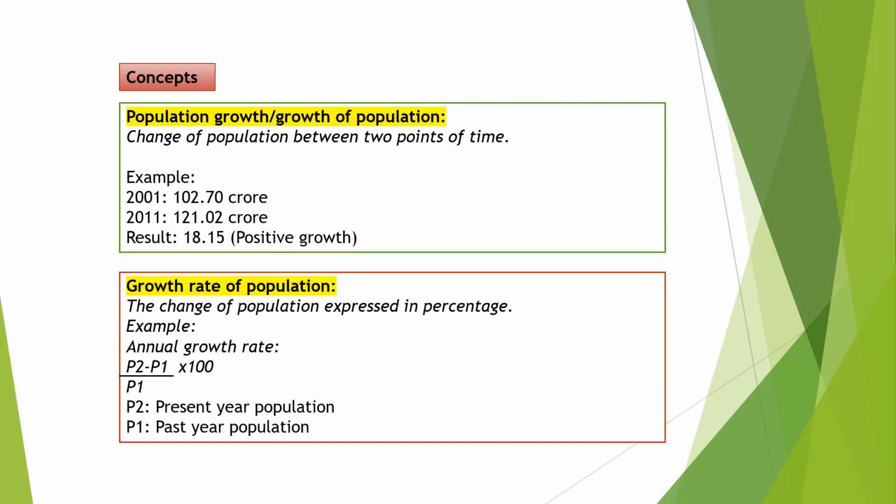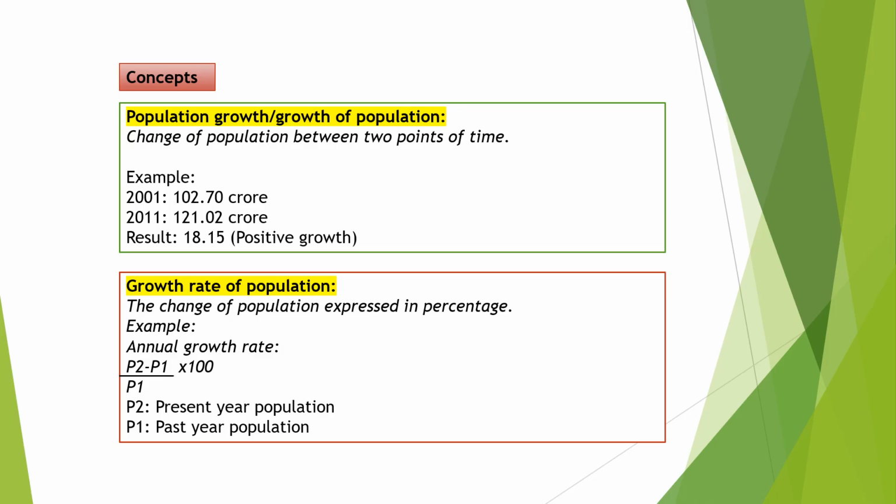So how can we calculate the population growth? Just subtract: 121.02 minus 102.70. The answer is 18.15. Okay, so this is all about population growth.